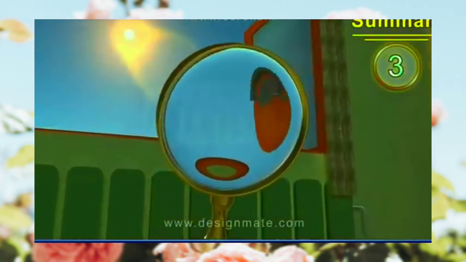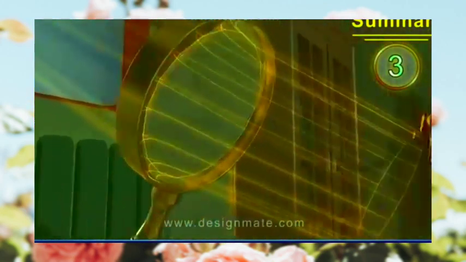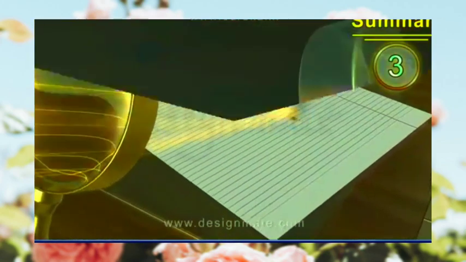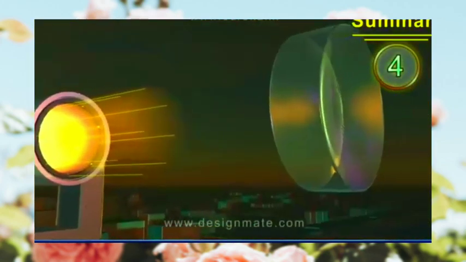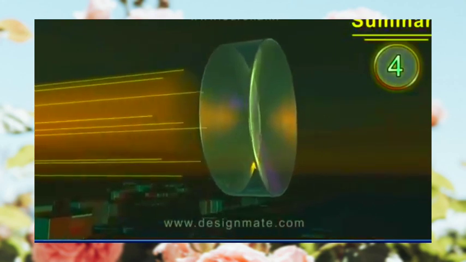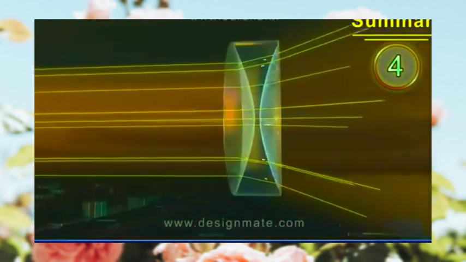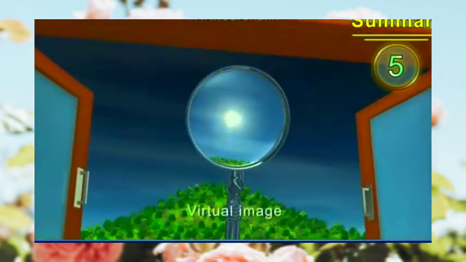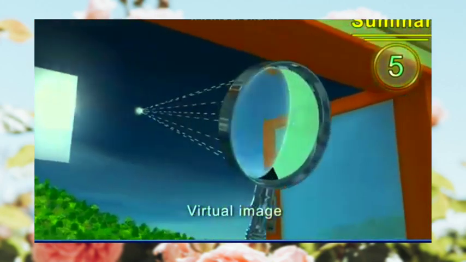A real image produced by a convex lens is formed on the other side of the object. 4. The parallel rays of light incident on a concave lens undergo divergence as they emerge on the other side. And 5. The concave lens produces a virtual image that is an image formed on the same side of the object.